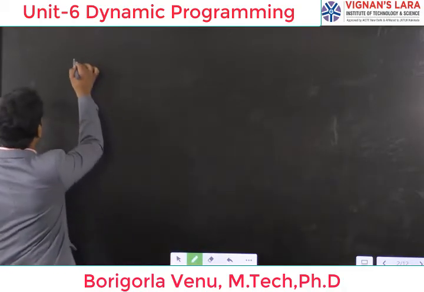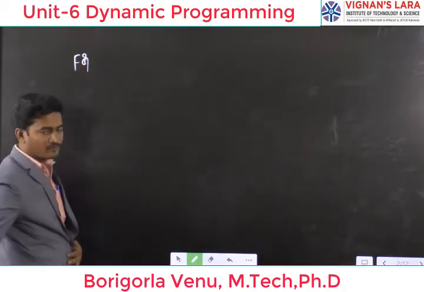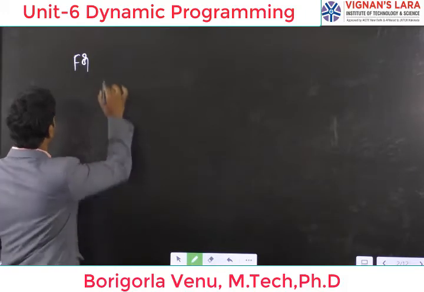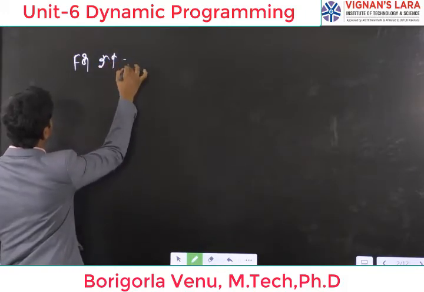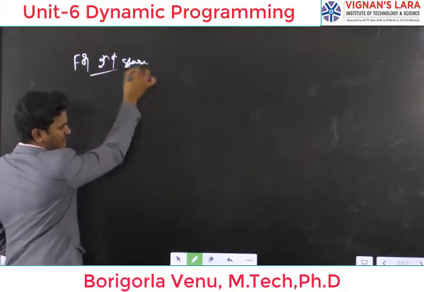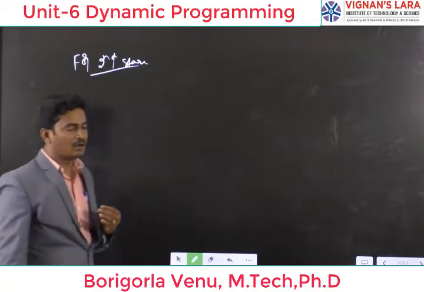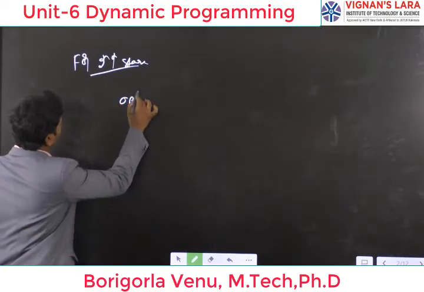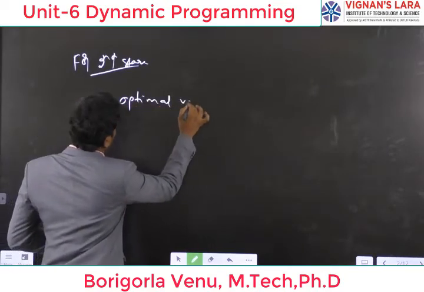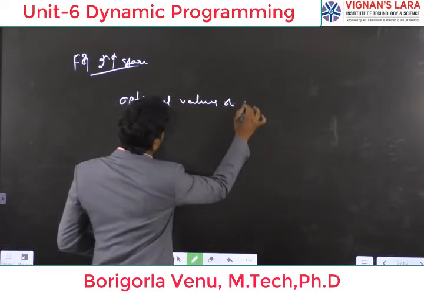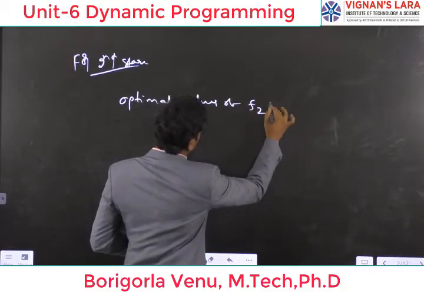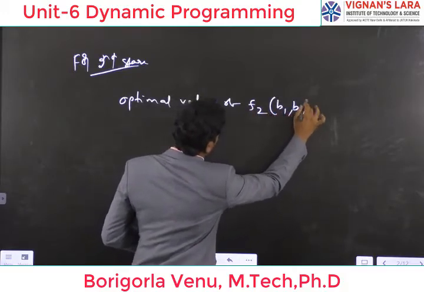Coming to the solution, first we are going to solve the problem from the last stage itself, that is, from the second stage. At the second stage, we have to calculate the optimal value of F2. Here F2 of b1 comma b2 we are going to calculate.